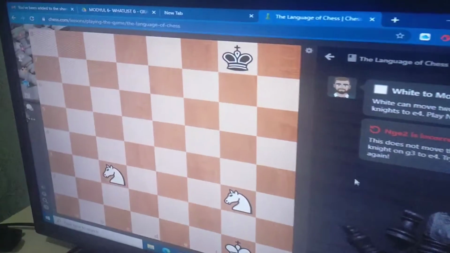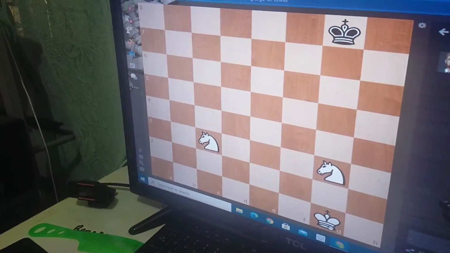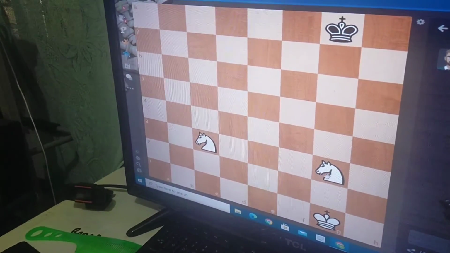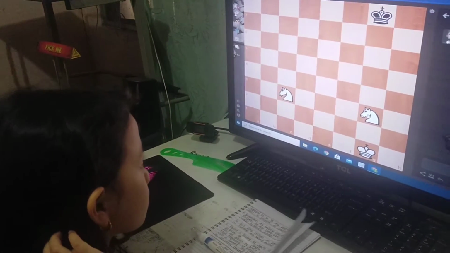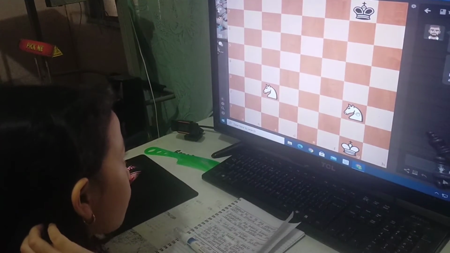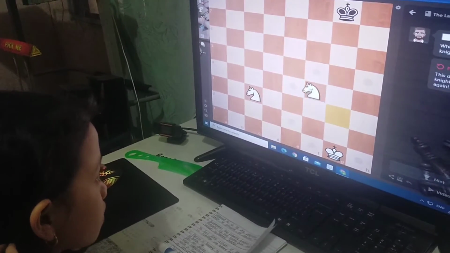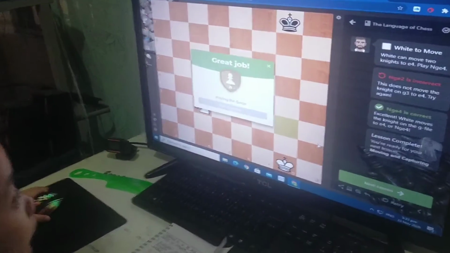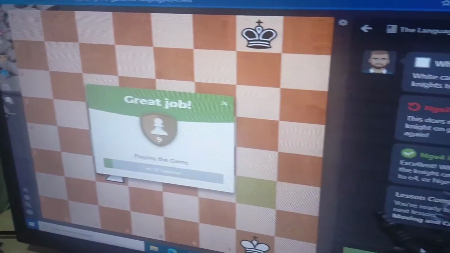Sabi niya, yung knight na nasa G, hanapin mo yung knight na nakalinya sa G. Oh, yung knight, kabayo, na nasa G. Pupunta siya sa E4. Hanapin mo yung E4 square. Yun. Great job. 1 out of 12 lesson.